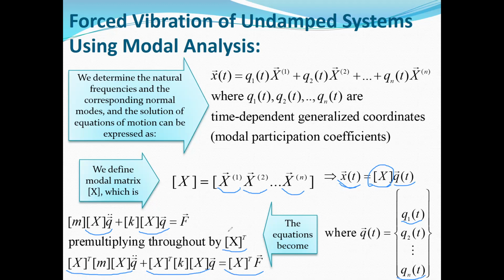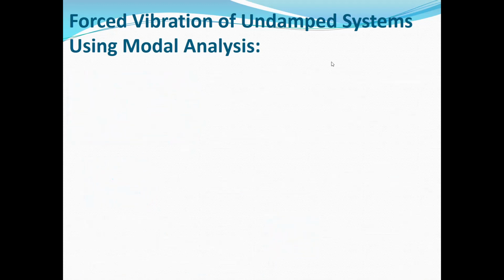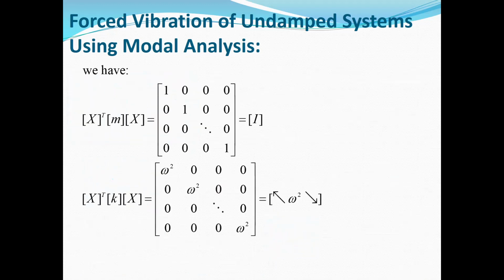So now we can simplify this, and we can normalize the vector X as we did before. We know that X transpose multiplied by M multiplied by X is equal to the matrix I, or the unit matrix.